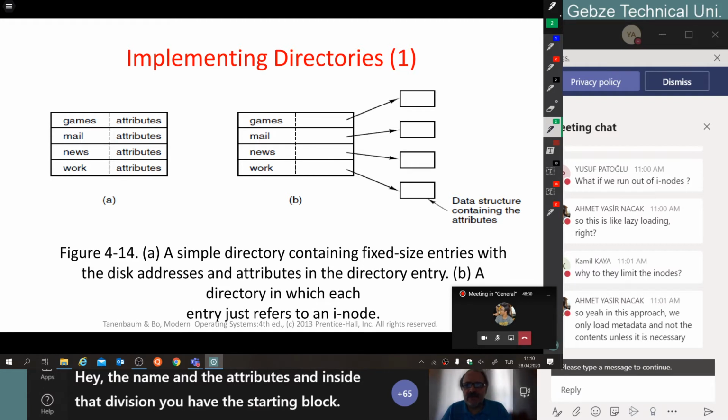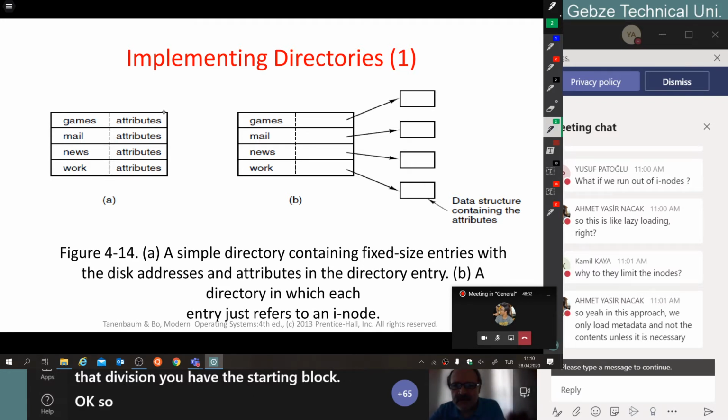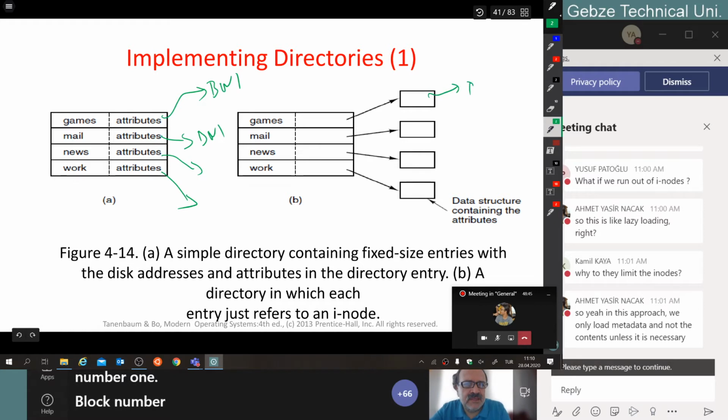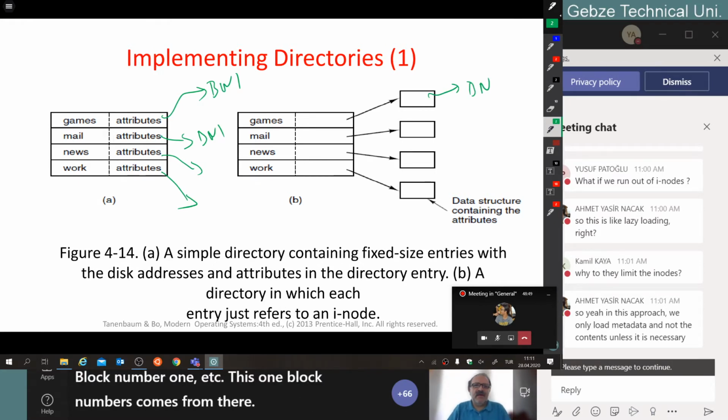So the starting block number could come from the linked lists here, from the list here, but these are the block numbers: block number 1, etc. This one comes from the other nodes.